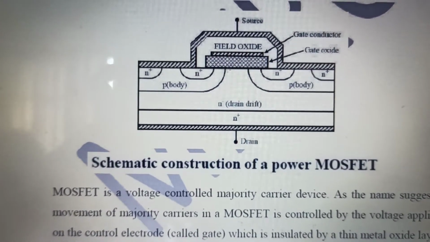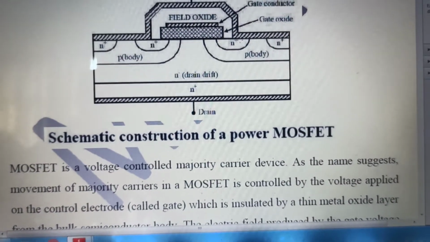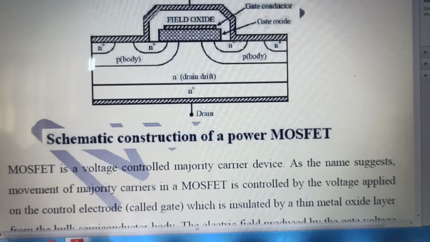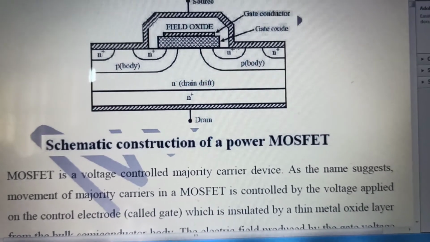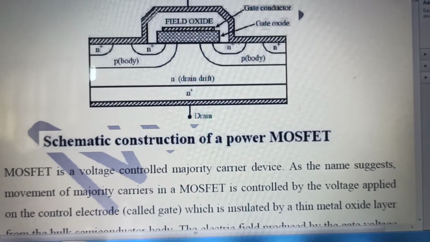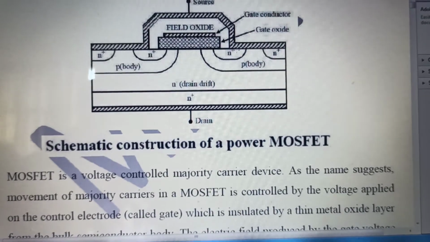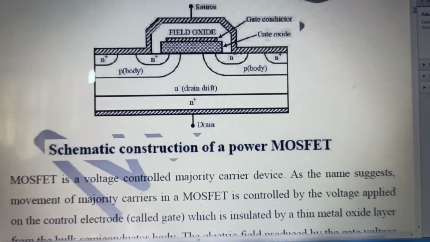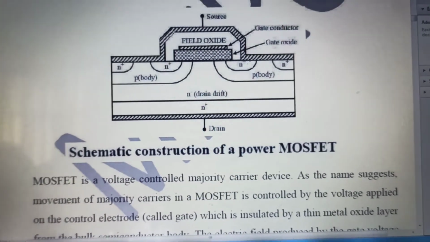So this is our gate and body capacitance. Two types of capacitor exist: source and gate capacitance, and gate and body capacitance. These two capacitances can be easily visualized from the above diagram. These will play a vital role in the triggering of MOSFET, and how a MOSFET driver circuit is designed.